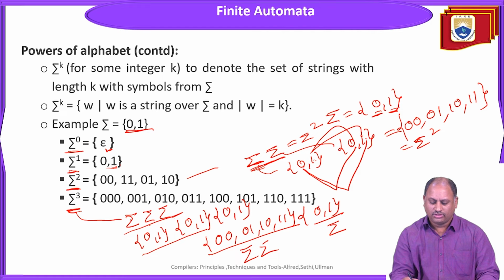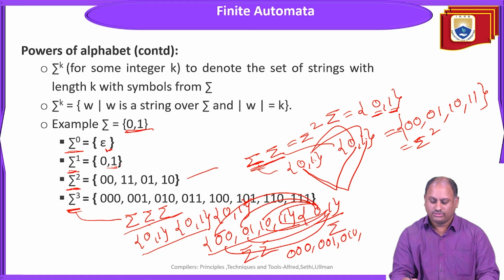So here we are going to get sigma concatenated with 0, 0, and this 0, 0 concatenated with 0, 0, 1, 0, 0, 1, 0, 0, 1, 1.